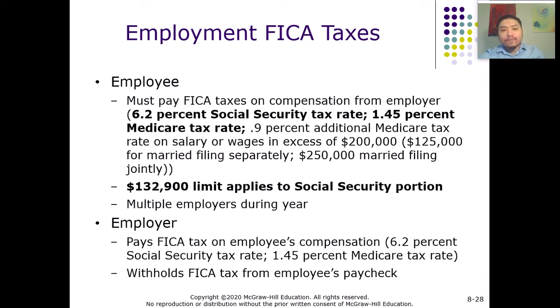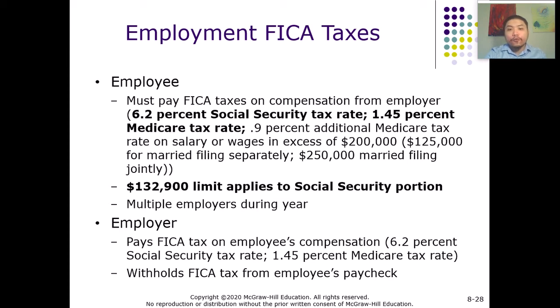For Social Security tax, there's a cap, a limit on the base of the income that can be used to calculate the tax. Basically, if you make more than $132,900, you don't have to pay the additional tax on the part of the income that is higher than this limit. So you only pay 6.2% of the $132,900.